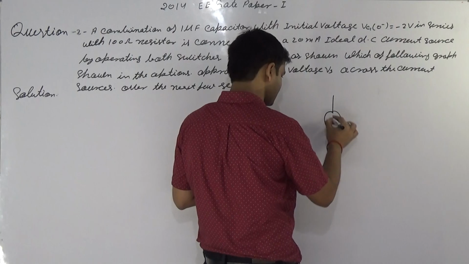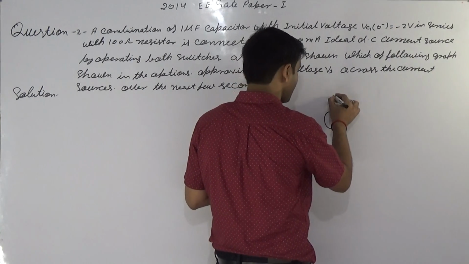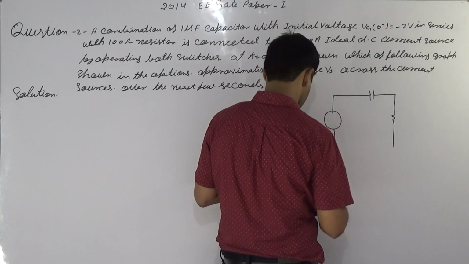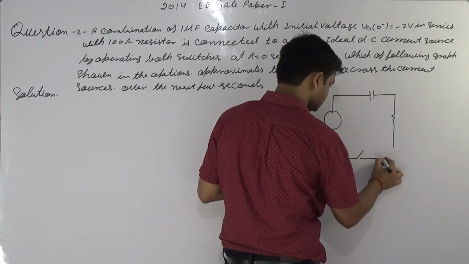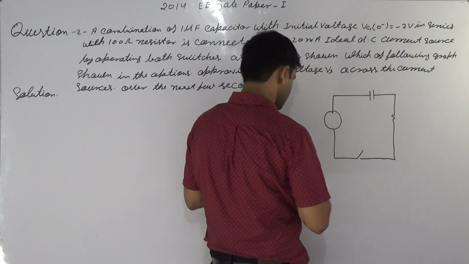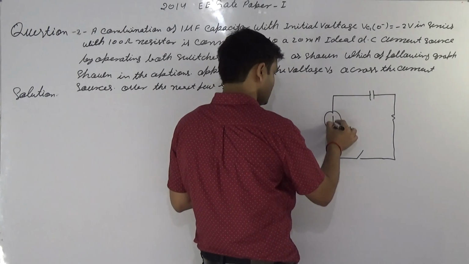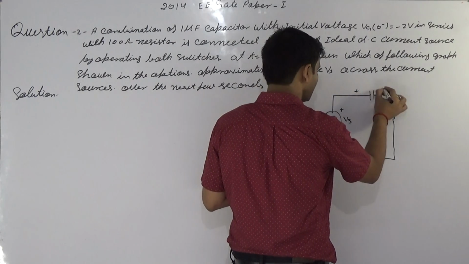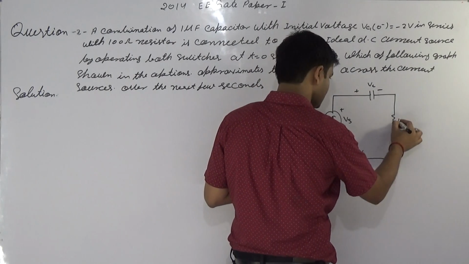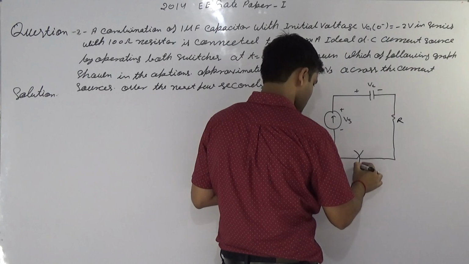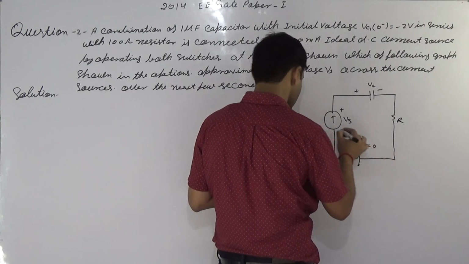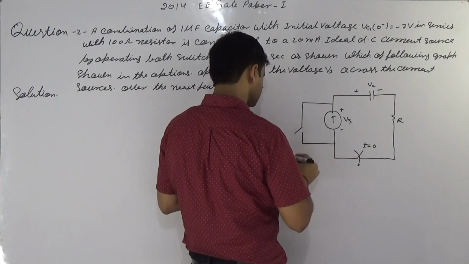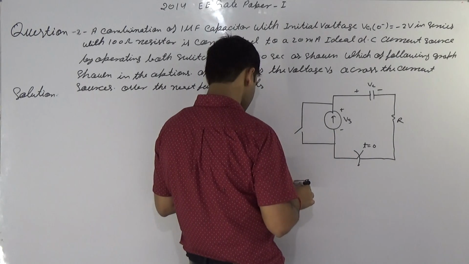Circuit looks like this one. This is plus Vs, plus minus Vc, this is R, and the switches at t equal to 0.